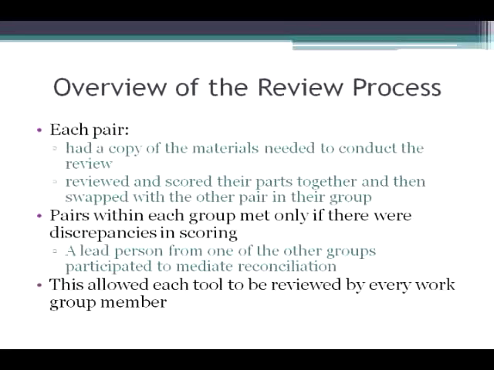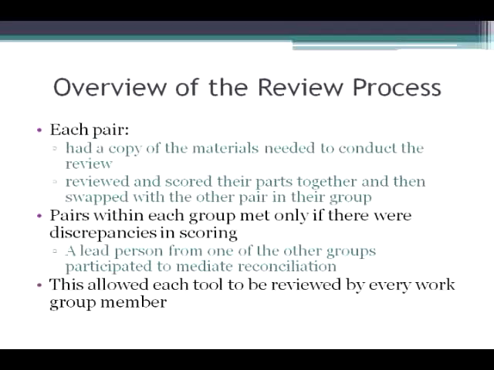They only met with the other group if there was a discrepancy in the scoring. If the two pairs came up with a very similar review of the materials, then that review was put together into the overall package.